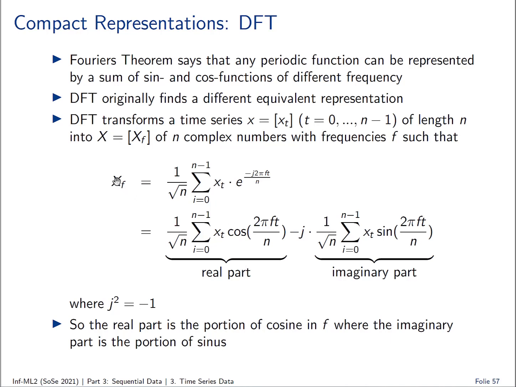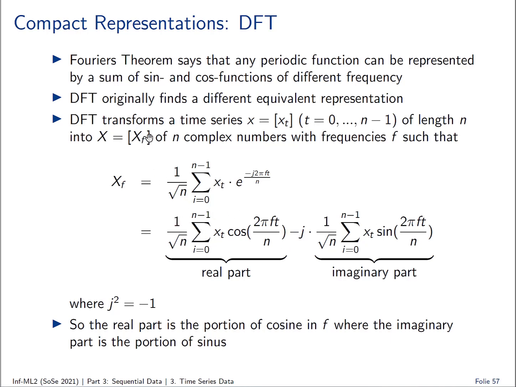So the new representation is a complex number at a given frequency f, which corresponds to the sum over the time slots of the original representation at time point t.